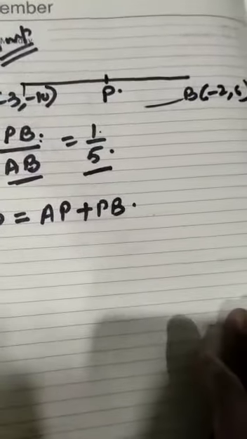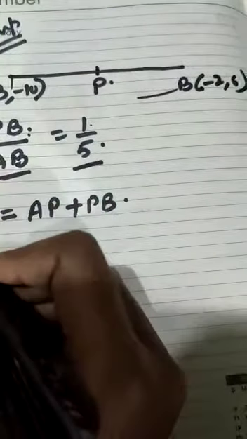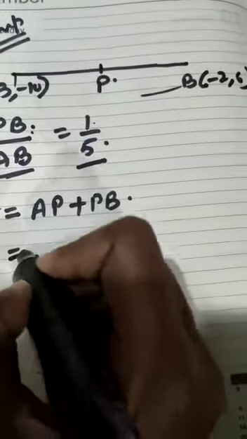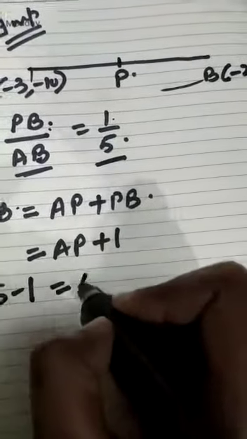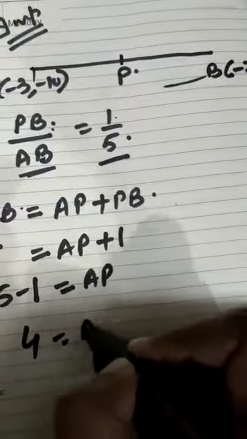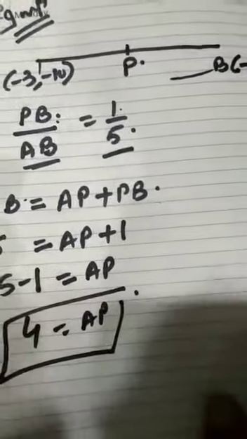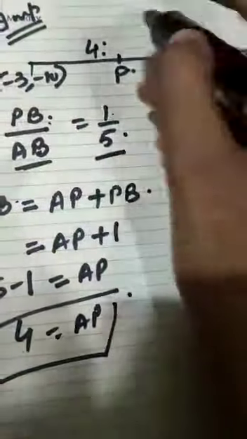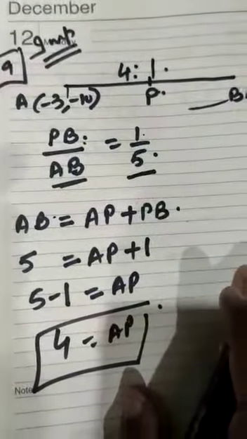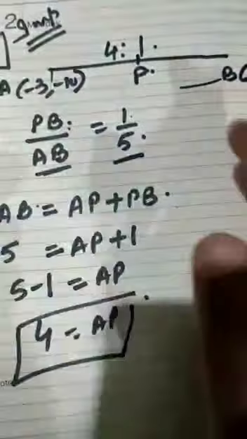Take AB as 5, AP we don't know, PB as 1. So 5 minus 1 is equal to AP. So AP is equal to 4. So AP is 4 ratio and PB is 1 ratio. So 4:1.